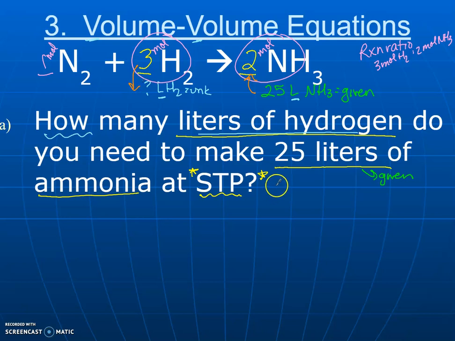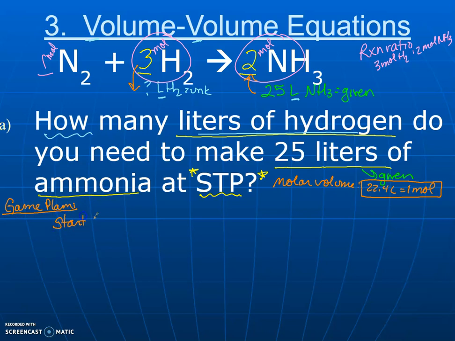And that is using our molar volume, which says that at STP, any 1 mole of gas, regardless of what it is, is going to be occupying 22.4 liters. All right, so let's write down our game plan. All right, so our game plan is always to start with the given. In this case, the given is going to be in volume.